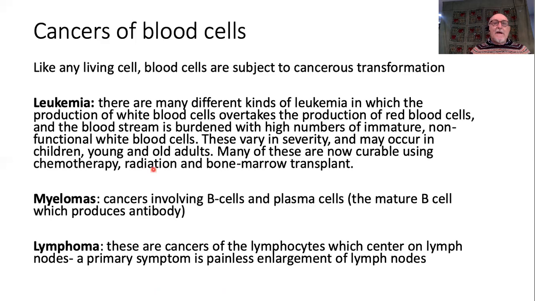The leukemias vary tremendously in severity. There are leukemias which are peculiar to children, leukemias which are peculiar to older adults, etc. And some of them are relatively easily treated, and many now are curable.